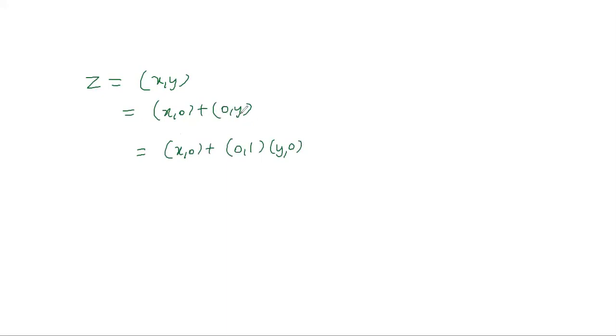So 0 comma y can be written as the product of two other complex numbers, 0 comma 1 and y comma 0. You can verify this. If you multiply this, what are you going to get? 0 into y minus 1 into 0, and what will be the second coordinate? 1 into y plus 0 into 0.